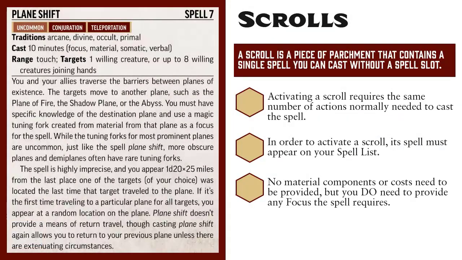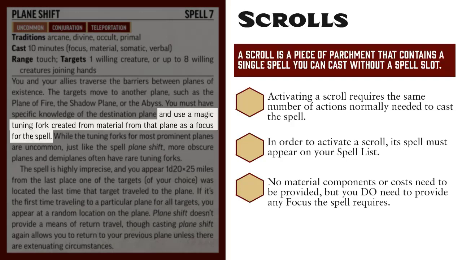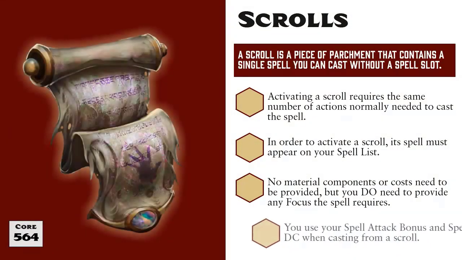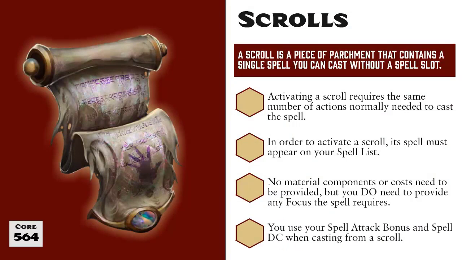But on the other hand, Plane Shift requires the use of a magic tuning fork as a focus. Since this is a focus and not a cost or material component, you must provide a magic tuning fork in order to use a scroll of Plane Shift. Also note that when you use a scroll, that spell gains your Traditions trait, and since you are the one casting the spell, you use your spell attack bonus and your spell DC as normal.